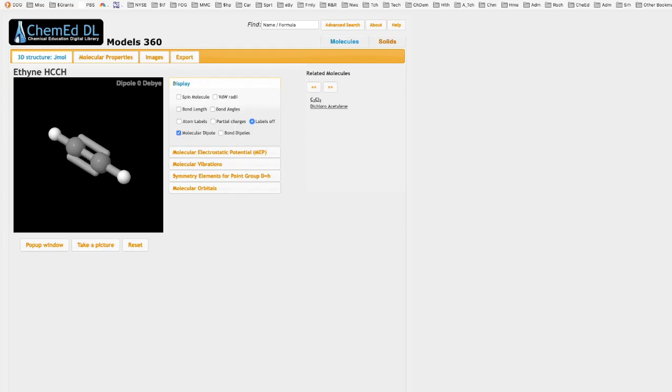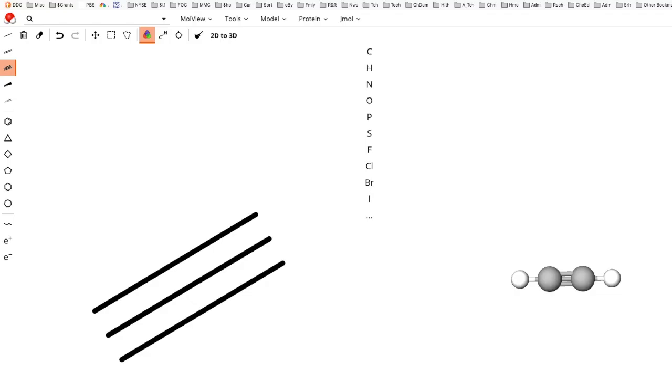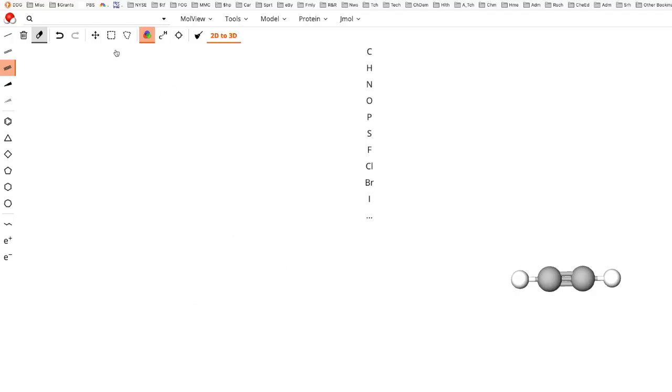So let's do this. Let's go over here. I'm going to clean this up. Acetic acid has carbon, carbon, oxygen, oxygen. Remember that hydrogens are implied. I am going to connect these. Yeah. Erase that.